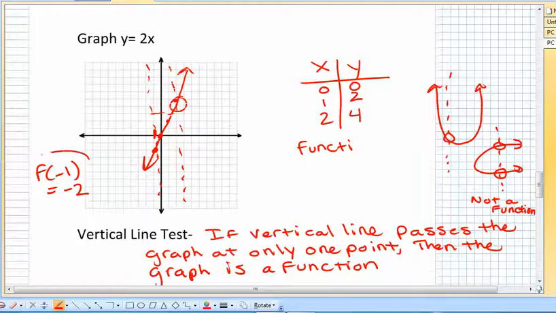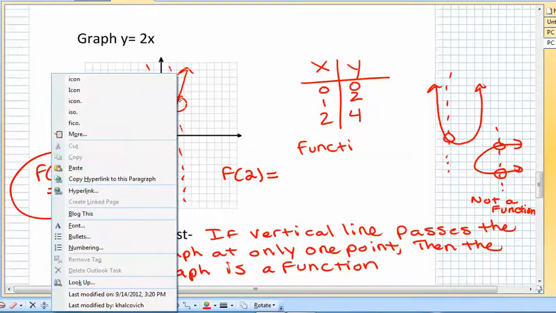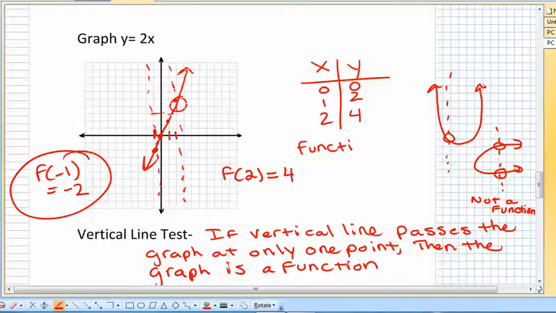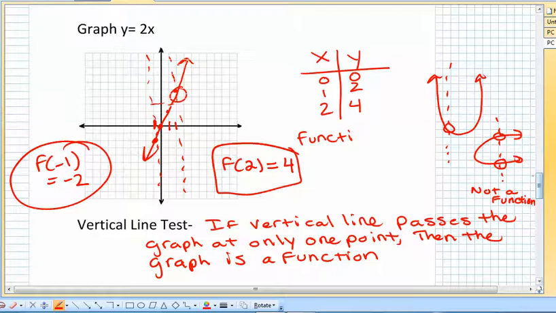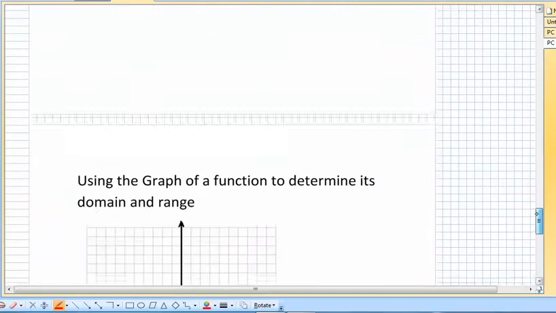Y is negative 2. So f of negative 1 is negative 2. That's how I would read it. If I wanted to find f of 2, well, 2 is right here, and you go up, and it's 4. So f of 2 is 4. That's how you would answer those questions if you're just looking at a graph.